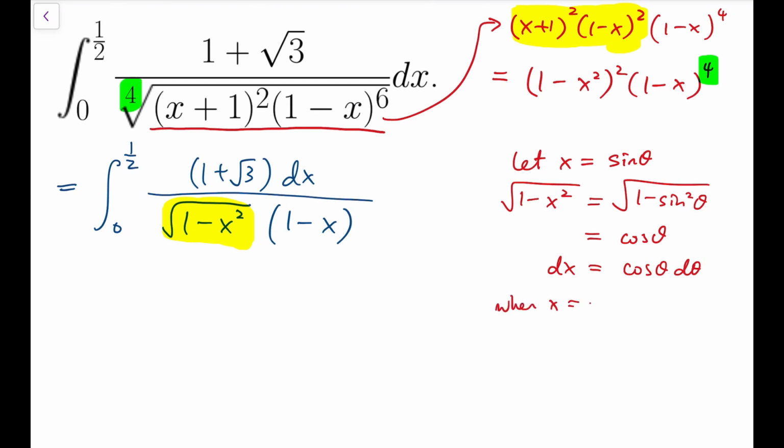For the lower limit, when x is 0, theta is also 0. When x is 1/2, theta is pi over 6.